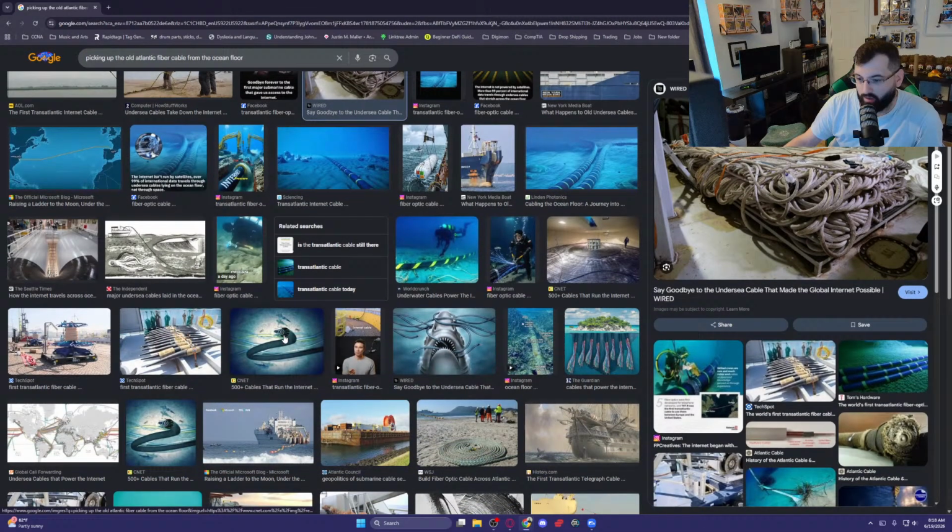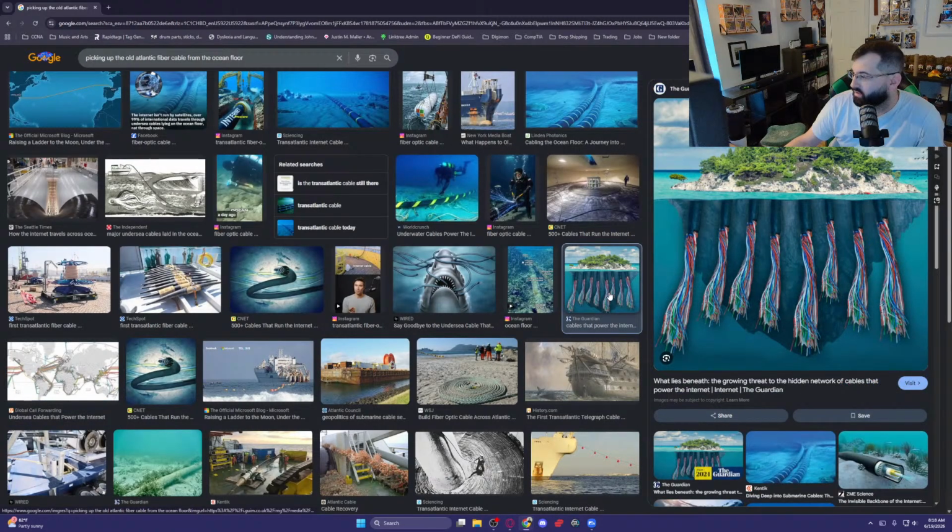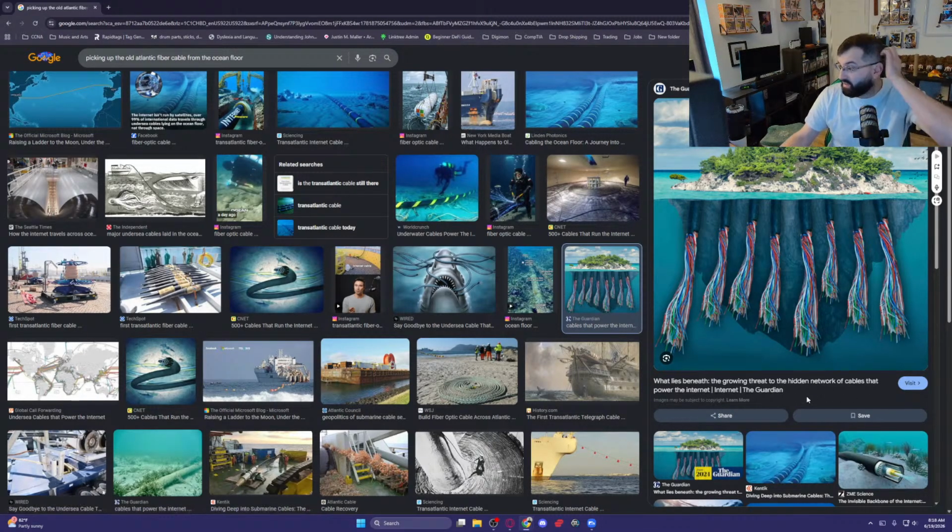I don't remember what it was. And this is how the internet is connected to everything. That's so wild. I don't know what that picture is. That just looks crazy. What lies beneath: a growing thread of the hidden network of cables that power the internet? The hidden thread.